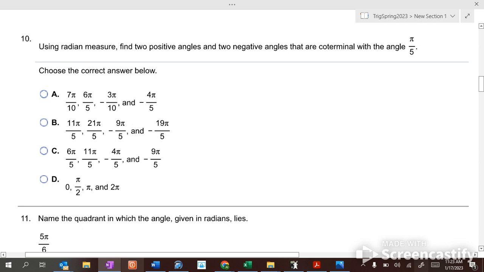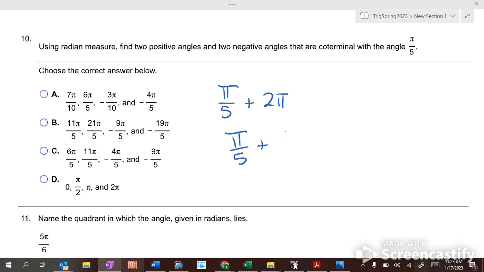Now, coterminal angles when you're dealing with radians. So you take pi over 5 plus 2 pi. Well, to add these, I need a common denominator. So it's pi over 5 plus 10 pi over 5. Where did I get 10 pi over 5 from?